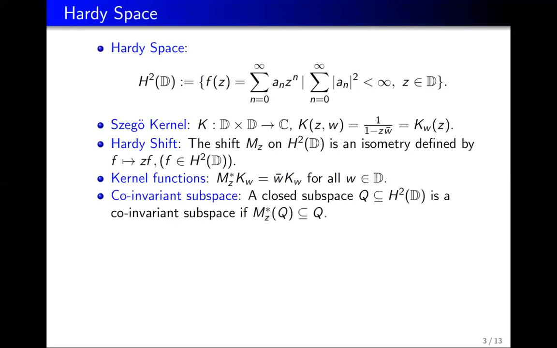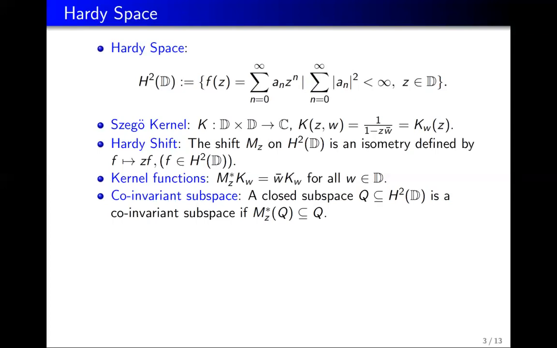We also need to know what a coinvariant subspace is. If you take a closed subspace of the Hardy space, you say it's coinvariant if it is invariant under the adjoint of M_z, the adjoint of this distinguished isometry. Because these kernel functions are eigenvectors, the one-dimensional space generated by, let's say, k_w is a coinvariant subspace.